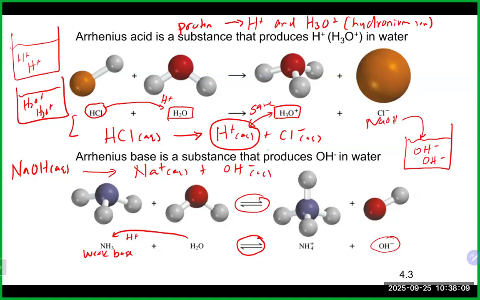Because it's a one-way street, it's going to produce a lot of free OH minus in that solution really quickly. And that is why it's considered a strong base versus our ammonia here, which again has to go find water, set up this equilibrium, and produce a lot less free OH minus in solution. And it's going to be a much weaker base.